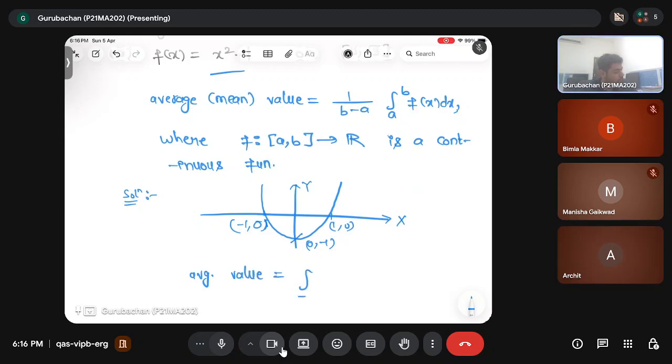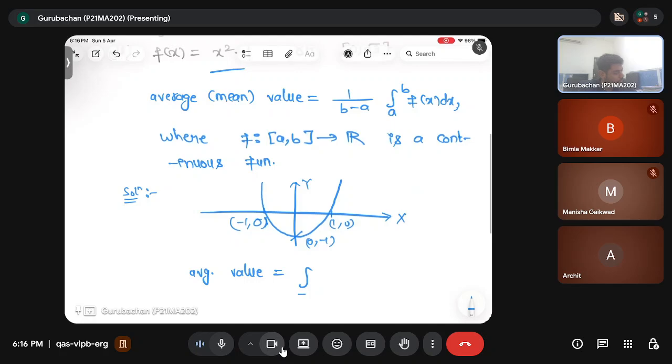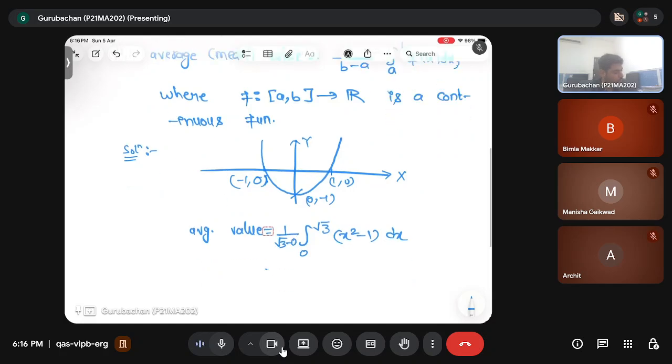Integral value is equal to 0. So it is 1 by root 3 integral from 0 to under root 3 of (x square minus 1) dx, which will give you x cube divided by 3 minus x from 0 to under root 3.